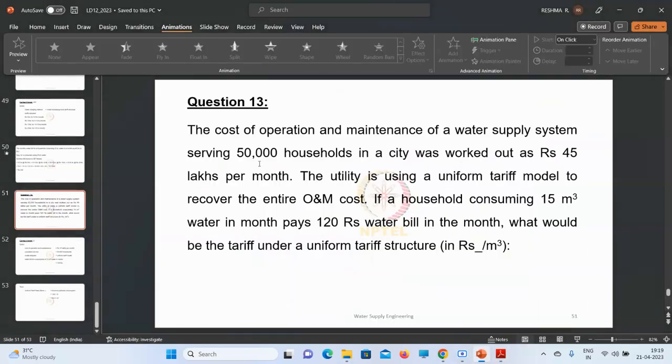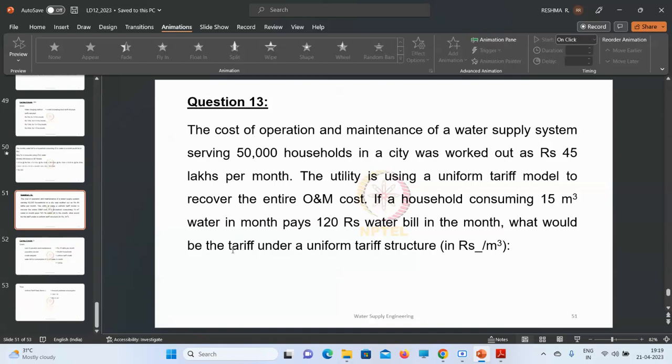But in our question, they have mentioned the number of households, they have mentioned the maintenance cost. But here also it is using a uniform tariff model to recover the entire amount.